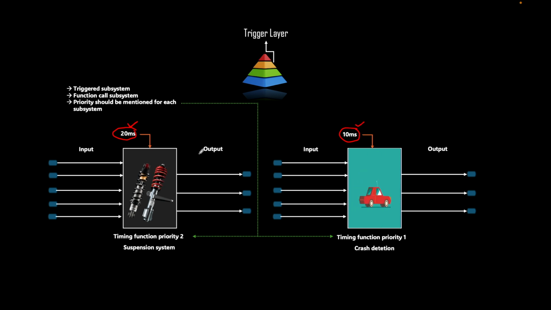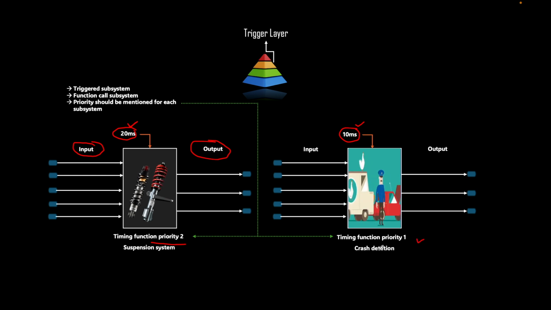At this level you need to define all the inputs and outputs of your subsystem, and you can also give some priority to the block. If it is a suspension system, then it will have a lower priority compared to a safety system.